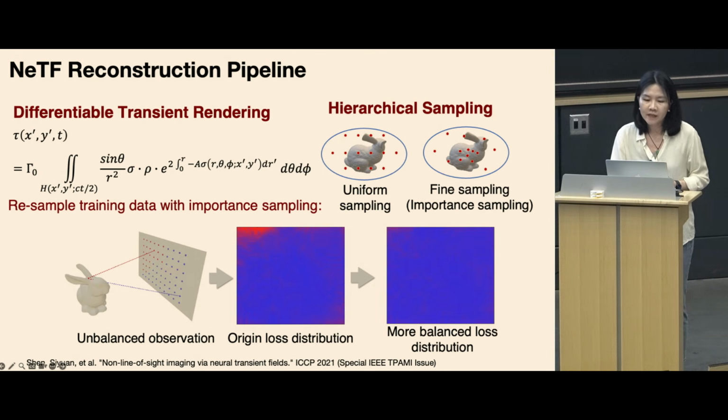To optimize the NeTF, we employ a physics-based differentiable transient renderer. It is important to note that NLOS rendering requires sampling over a hemisphere rather than along a ray as in NeRF. We adopt hierarchical sampling to concentrate computation on important waveform regions. We further resample scanning points based on their reconstruction losses, providing stronger supervision.